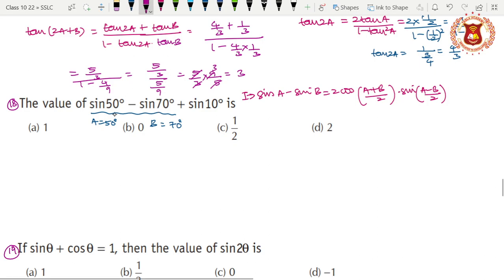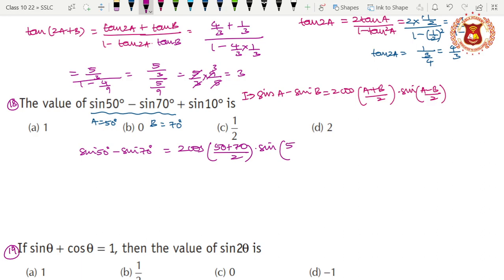First we simplify these two values, later we expand to those values. Let A be 50 degree and B be 70 degree. Sine 50 degree minus sine 70 degree is equal to 2 cos of (50 plus 70) divided by 2 into sine of (50 minus 70) by 2, which is 2 cos of 120 by 2, that is 60 degree, into sine of minus 20 by 2, that is minus 10 degree.